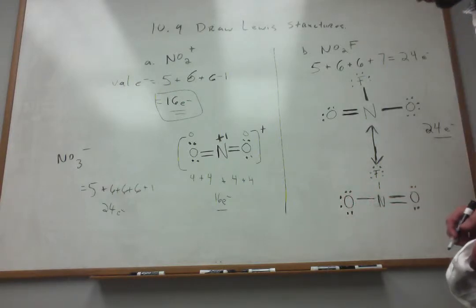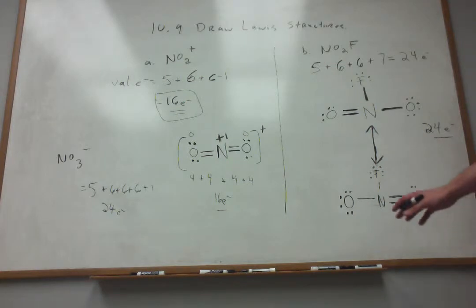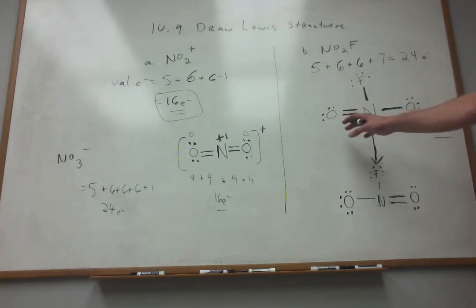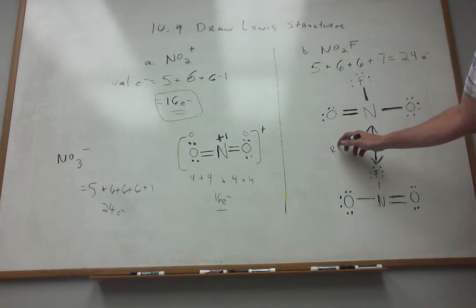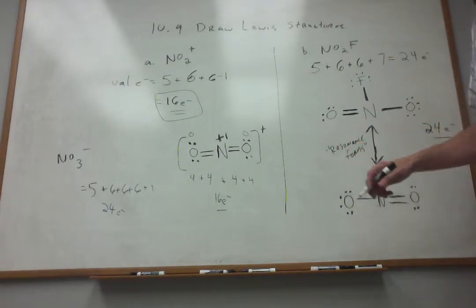So I basically flip-flop where the double bond is. I put it on the right instead of the left. And again, these 2 structures are called resonance forms of one another.